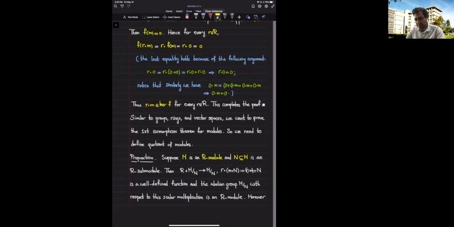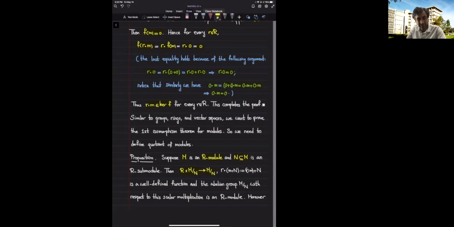So suppose M is an R-module and N is a submodule. Then we want to define a scalar multiplication on the quotient of M over N. What is the quotient? Notice that M and N are abelian groups. So that means I can definitely look at M over N at least as an abelian group.